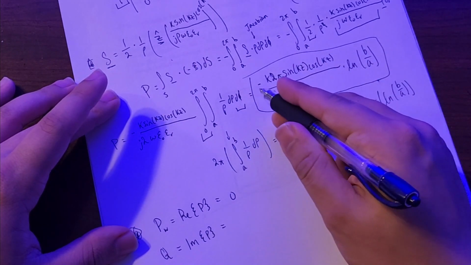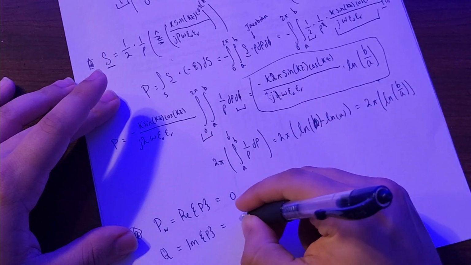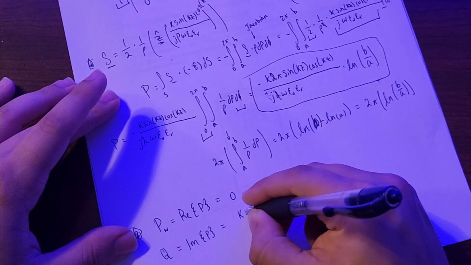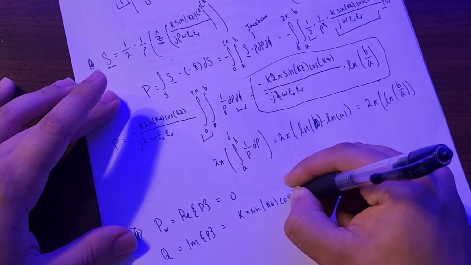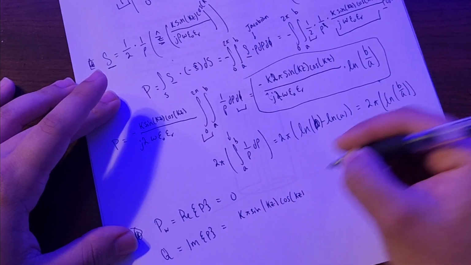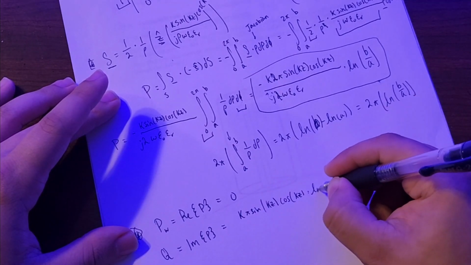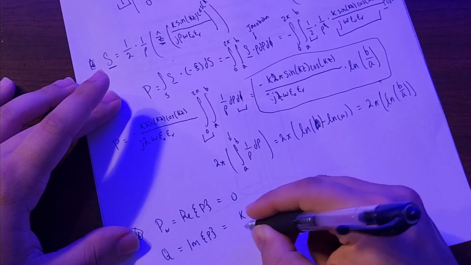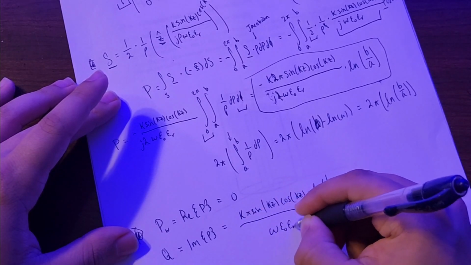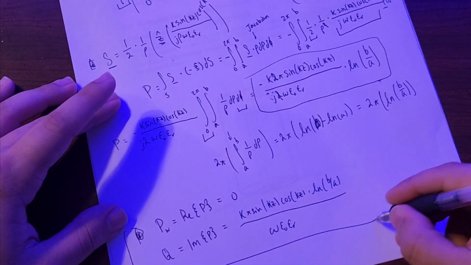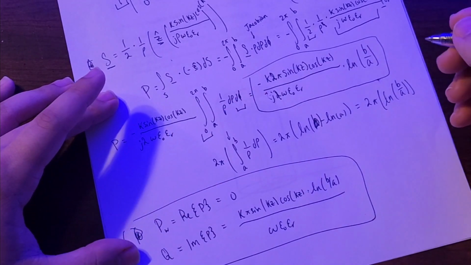Now this is k pi sine of kz cosine of kz times natural log of b over a divided by omega epsilon naught epsilon r. This is our entire equation.